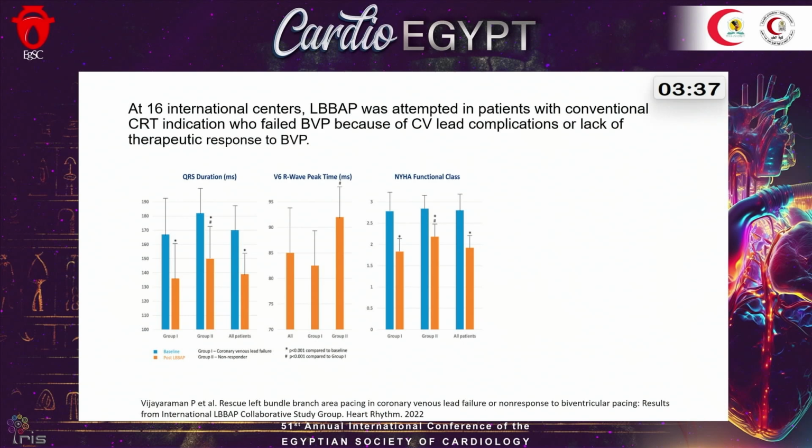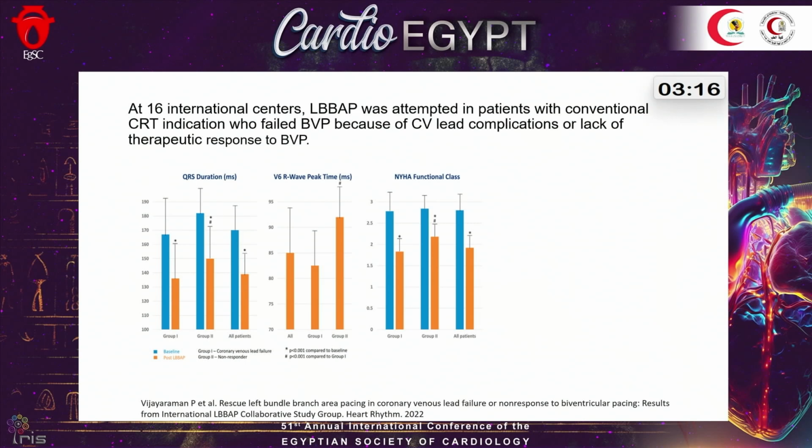And according to Vijayaraman et al., which included 16 international centers, left bundle area pacing was attempted in patients with a strict indication for CRT, but failed to implant the CRT due to lead complications, or in some patients non-responding to CRT.